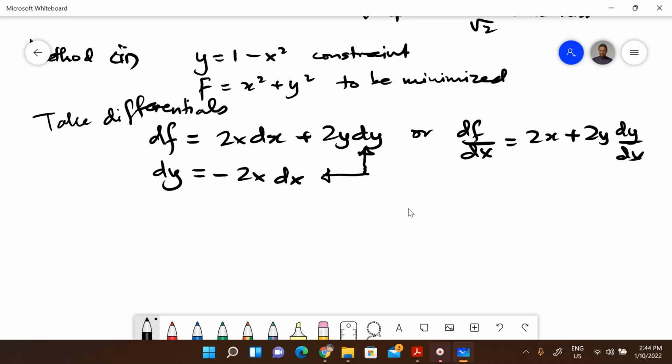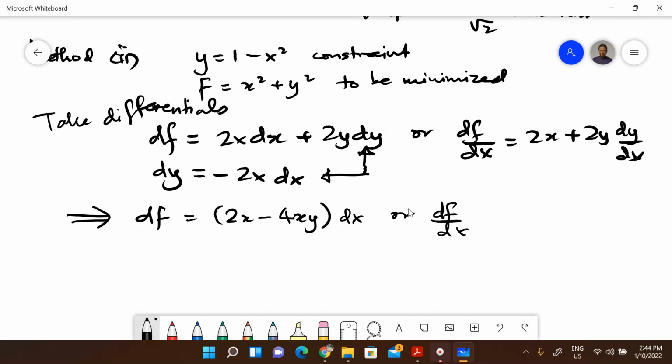So if you substitute dy into there, then df has to be equal to 2x minus 4xy dx. Or you write in terms of df/dx, then this is essentially 2x minus 4xy.